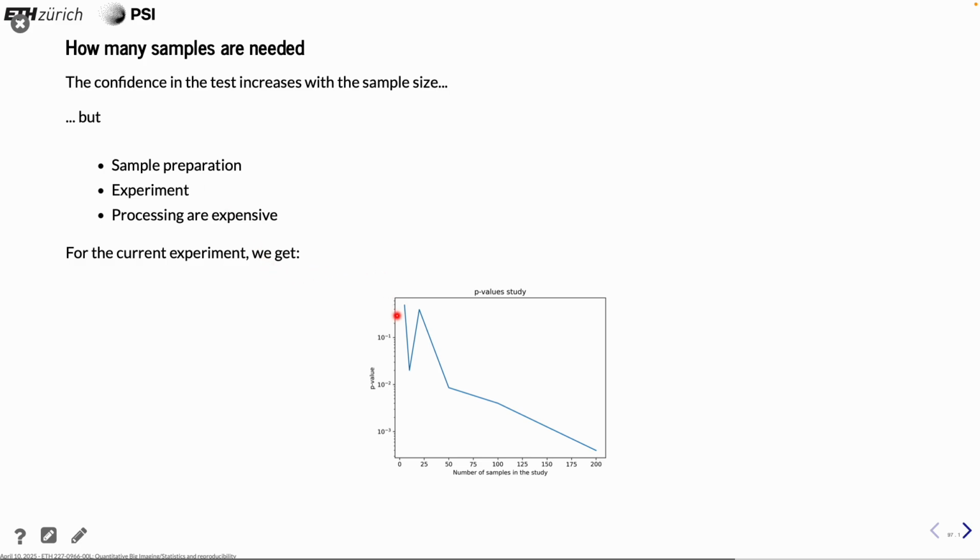In the current experiment, I tried to get the p-values when I increased the number of samples. For a low number, we had a pretty high p-value, and then it decreases with the number of samples. So you get better and better certainty that you can reject the null hypothesis.